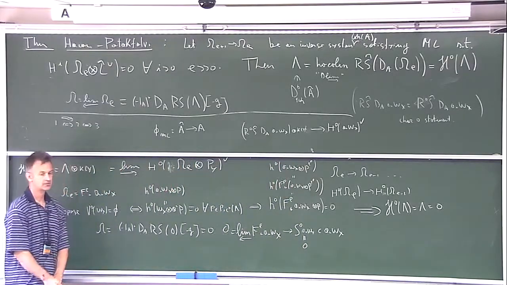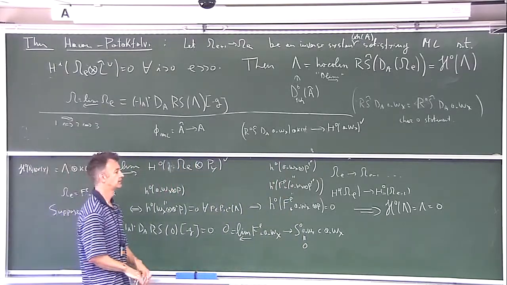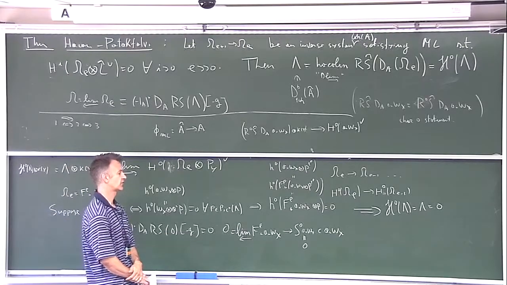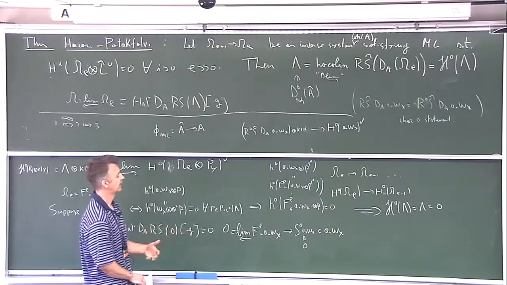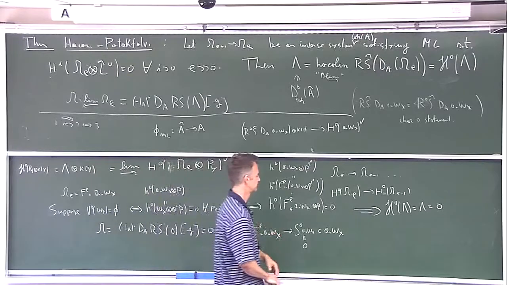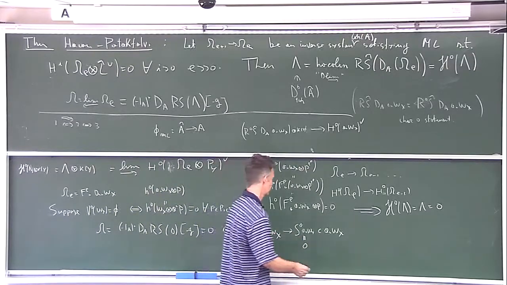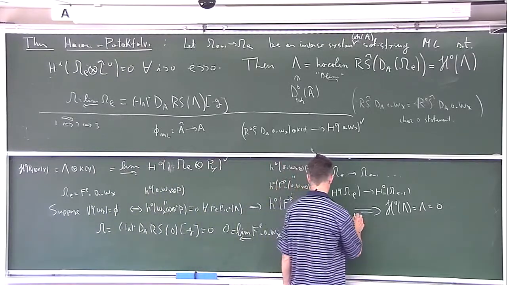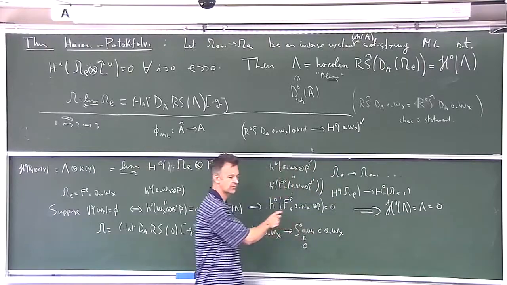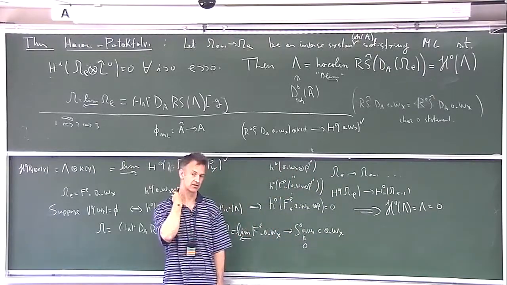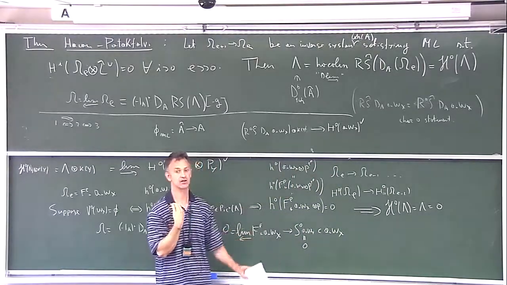Okay? So now, for example, it could happen, I'll look for some fancy examples of this in a second. Let me tell you one case in which it's definitely not 0.